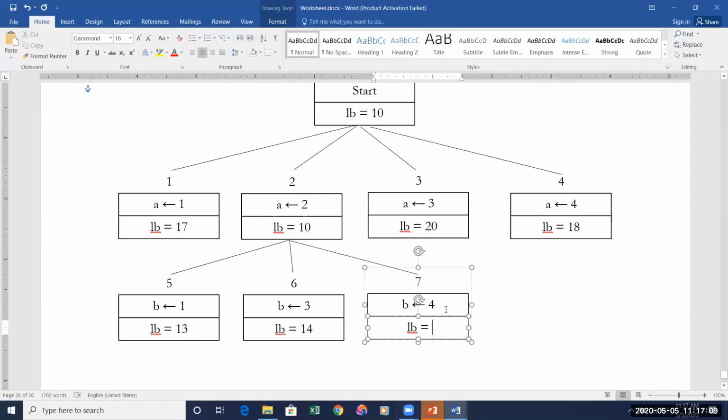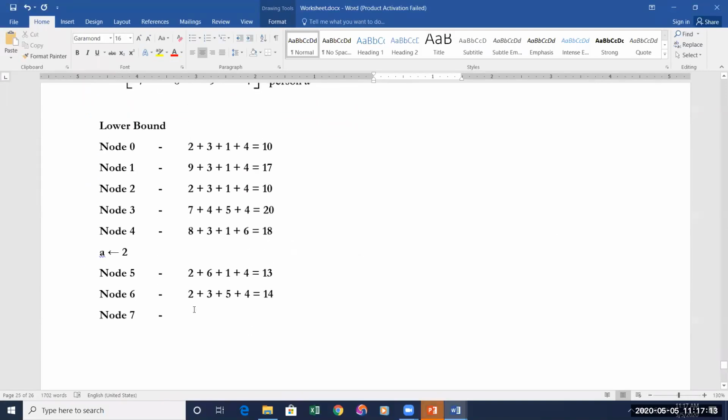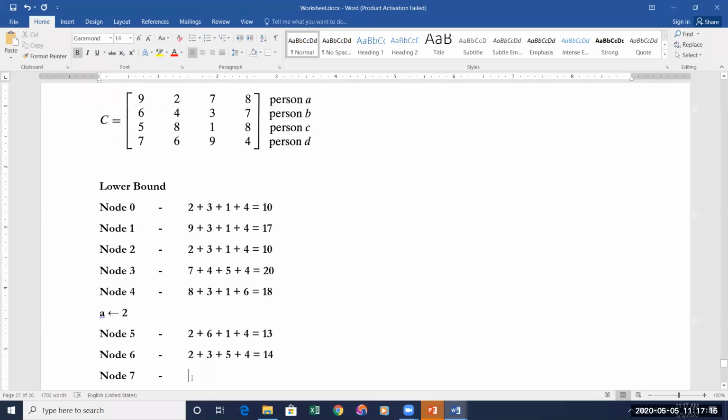And come to the 7th node, node number 7, B is allotted with 4. A is allotted with job 2, it is fixed. Job 2's cost is 2 itself. And person B is allotted with 4, cost is 7 plus.